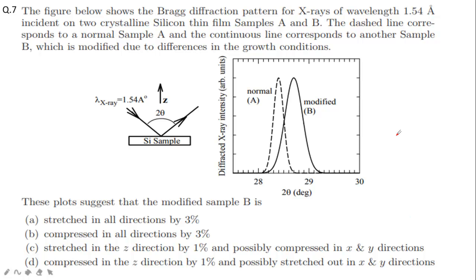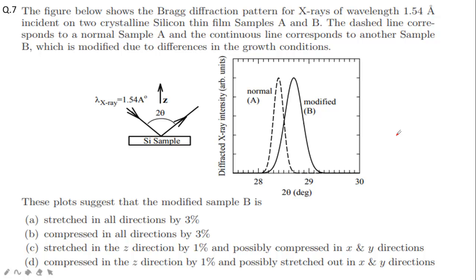This is basically a question on XRD powder patterns using Bragg diffraction, and it is a research problem, but quite an easy one. The approach is that if any peak is modified and the options say they have stressed or compressed, that means we are generating some strain, some disturbance.